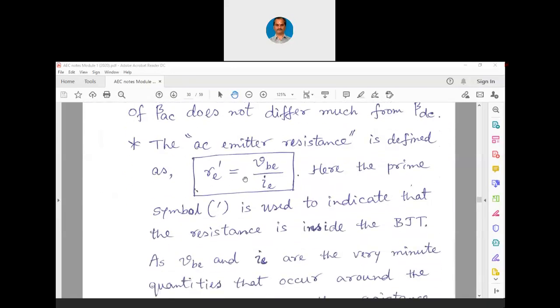Now, we can define AC emitter resistance as re dash equals small vbe divided by small ie. Please understand this. As we are working with the transistor near the Q point, there is a small change in base to emitter voltage for which there will be a large change in emitter current. Now, the emitter region will have a dynamic resistance.